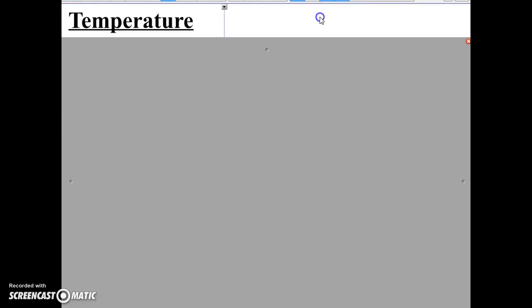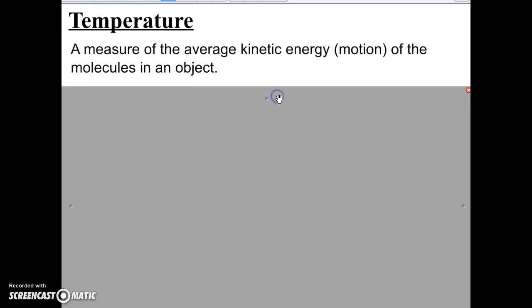So let's start with temperature. You all have measured temperature. You all have a temperature. We know that when we get sick, our temperature goes up, and we talked a little bit in class about why that happens. Temperature really is just a measurement of the average kinetic energy, or the amount of movement of the molecules in an object. When you take your temperature, well, the molecules in your body are moving.